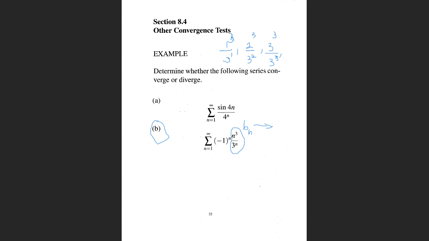And then next, what would the next term in this sequence be? 4 cubed over 3 to the 4th. That's right, Rodrigo.